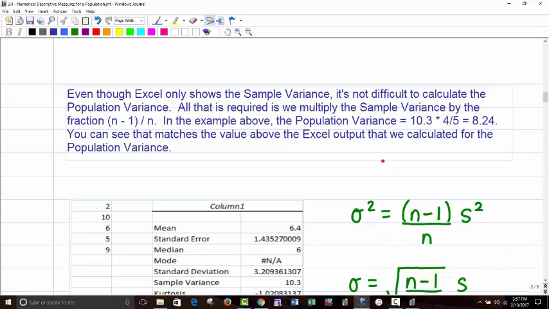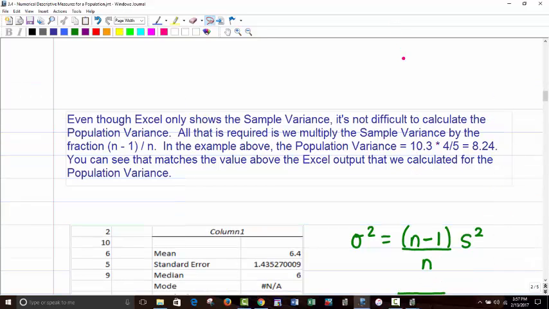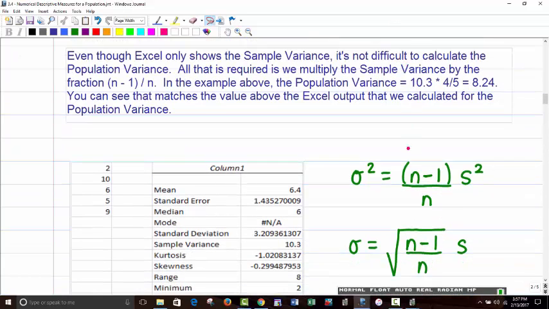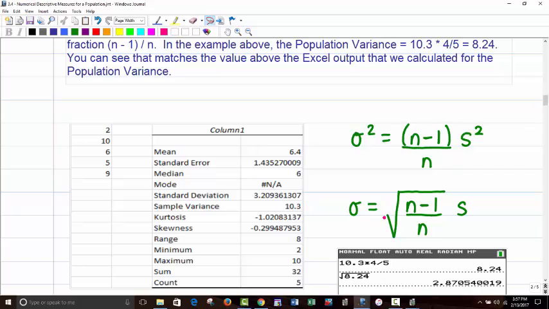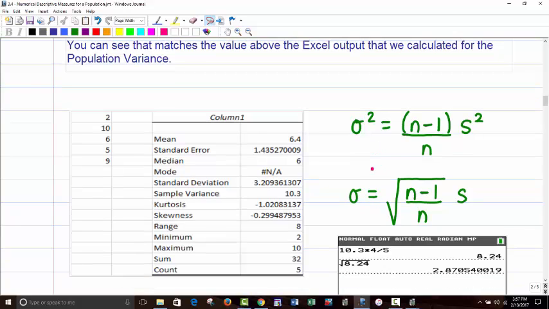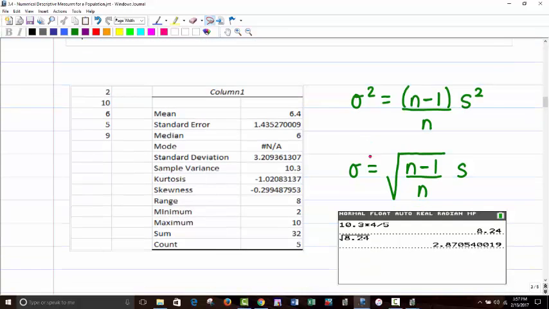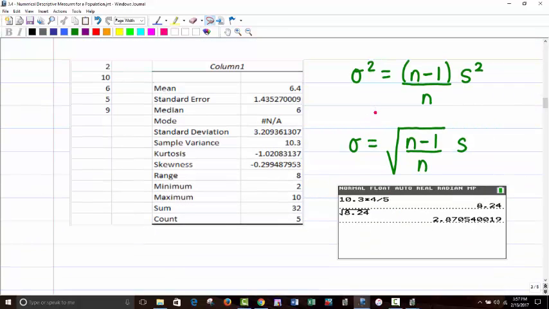Okay, I had to pause for a moment to correct an error in the notes that were using numbers from a different problem that didn't match what we're doing here. Well, anyway, going back to showing you how to convert from sample to population, this is still true, n minus 1 over n, or you can actually do it with the standard deviations as long as you use the square root of n minus 1 over n, which I could have put in that box, but I didn't.